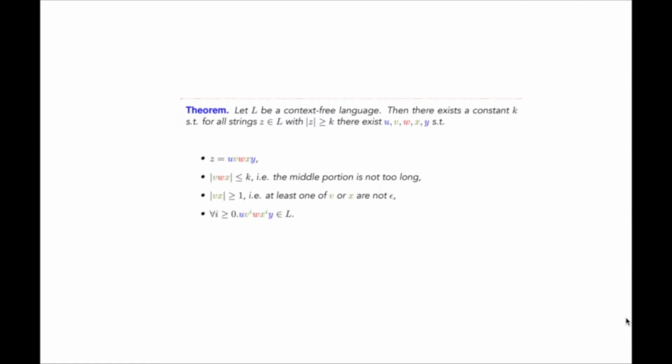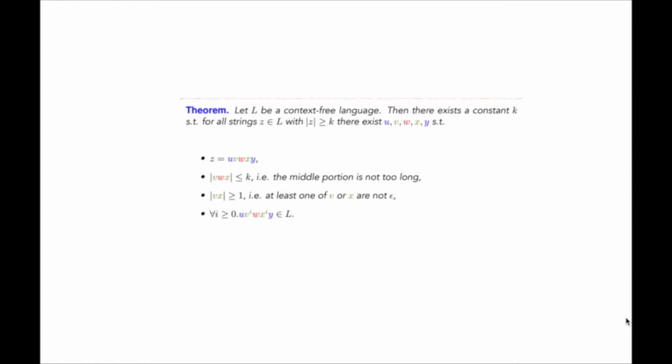There are 2 conditions we need to follow when decomposing this word z. The first is that the middle portion of the word, v, w, and x, has to be less than or equal to k in length. The second condition is that the sections that will be pumped, v and x, cannot both be the empty word. Either v or x or both have to be at least 1 in length.